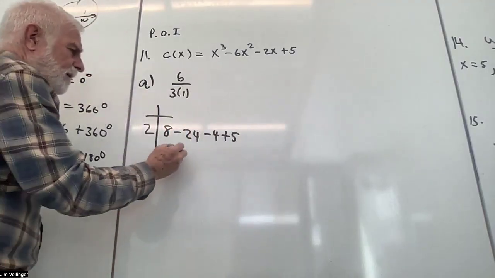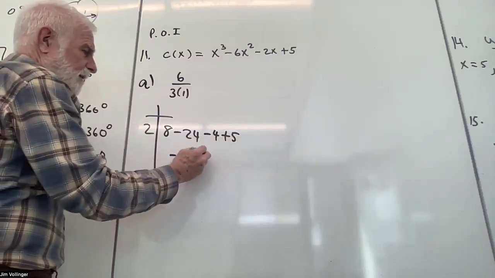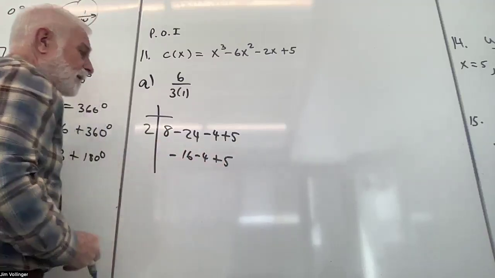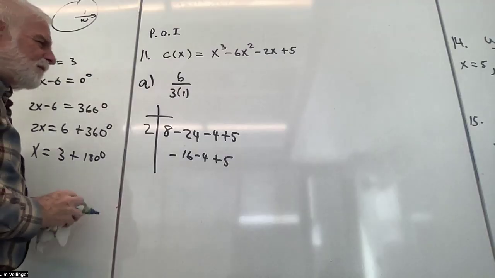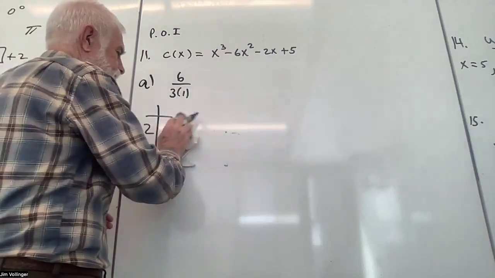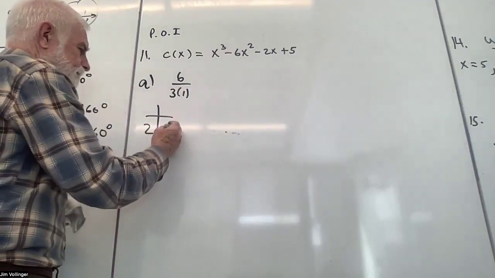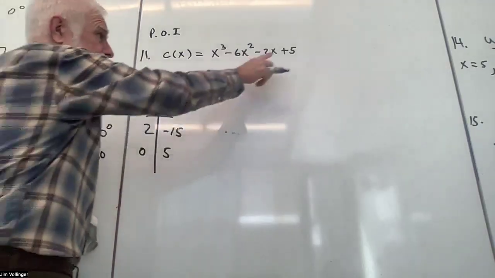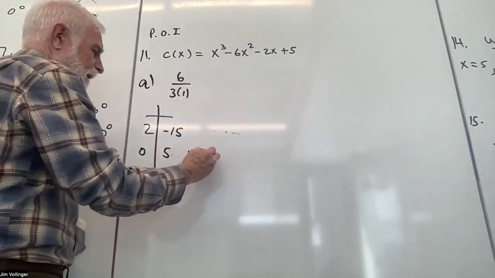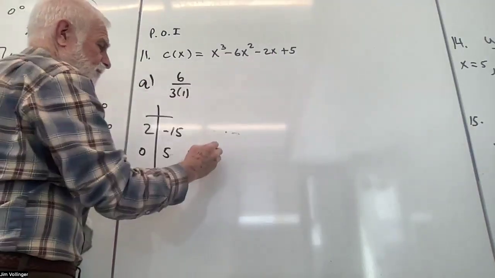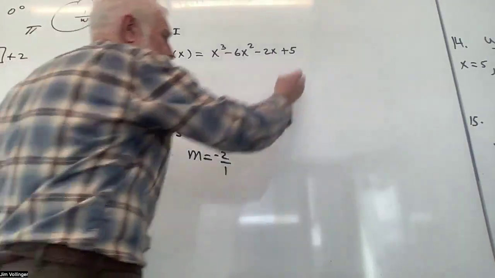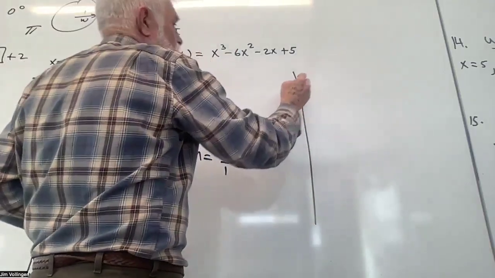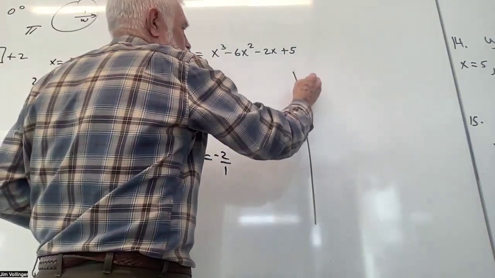Let's do that in our head. Minus 16. Minus 4 plus 5. Sure looks like minus 20 plus 5 is minus 15. I can immediately see that 0 gets me 5. And I know my slope at that instant is negative 2. All right, I'm ready to graph this now. So 0 gets me 5.